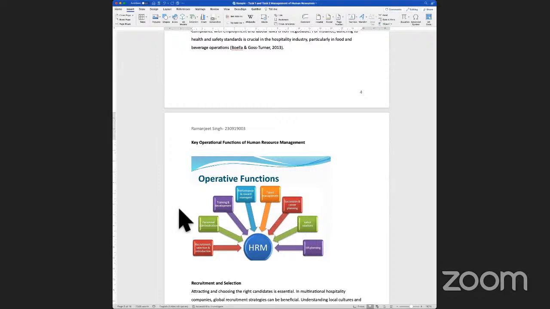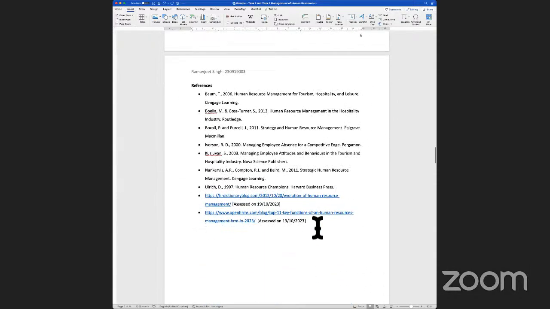So I would suggest that if I put this across, this would be the key operational functions of HRM, and the source that I've taken it from is Management Guru, and then I would put this across as a part of the reference, giving credit to where I've taken this particular work from.